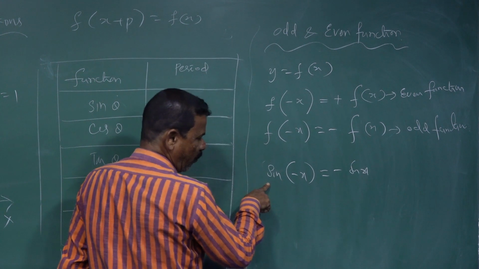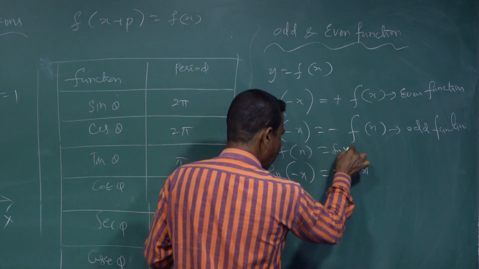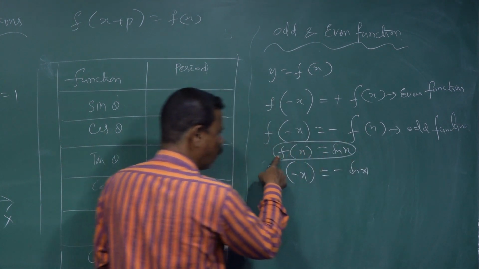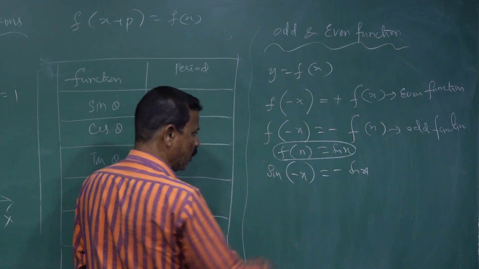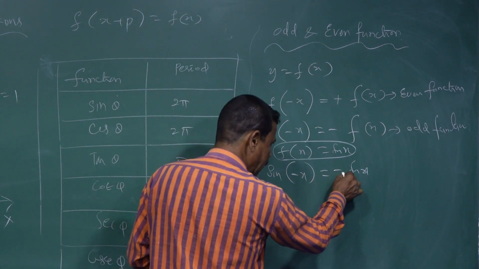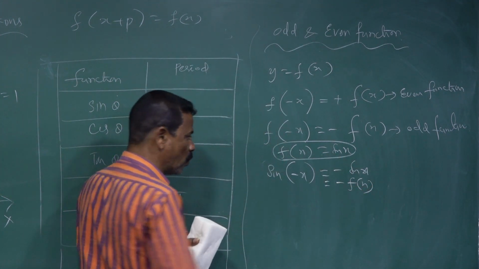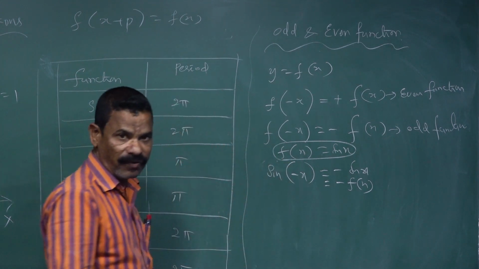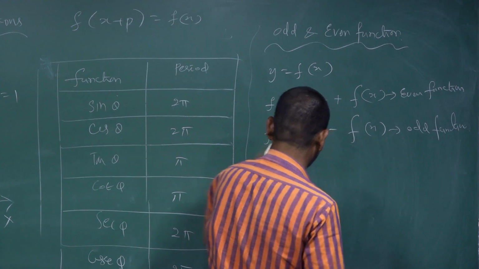Actually f of x is equal to sin x. Instead of x put minus x, sin of minus x is equal to minus sin x, so it is minus f of x coming. So sin x is an odd function.